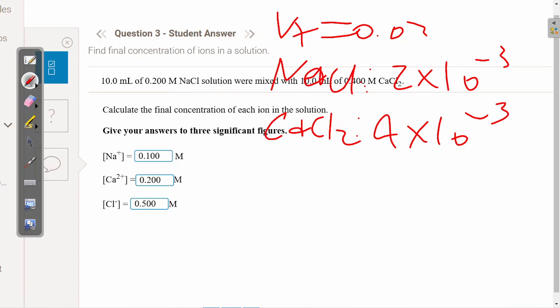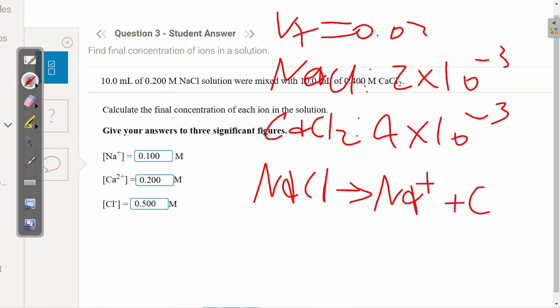So let's write the equation of dissociation, which is basically NaCl gives Na plus plus Cl minus. Now we can work with this. The ratio between NaCl and Na is 1 to 1. So if NaCl is 2 times 10 to the negative 3, Na will also be 2 times 10 to the negative 3.